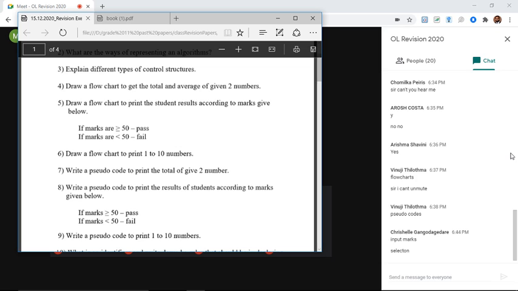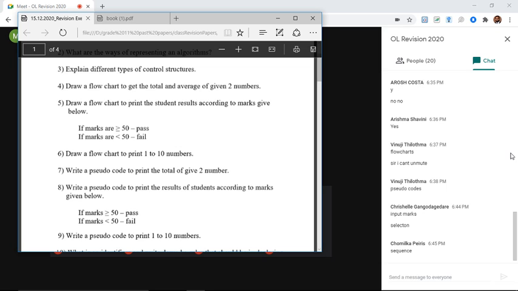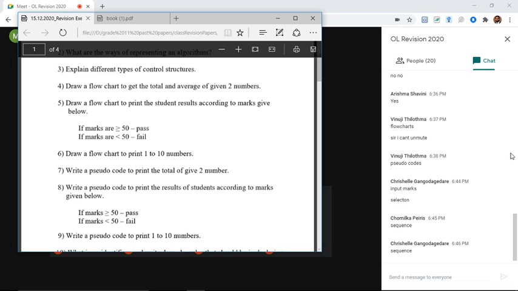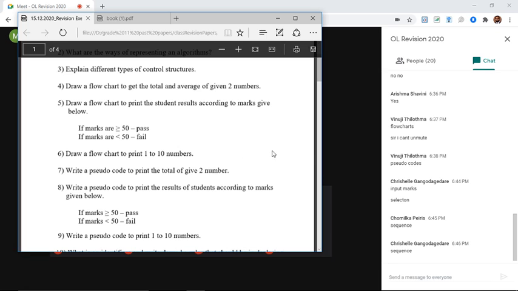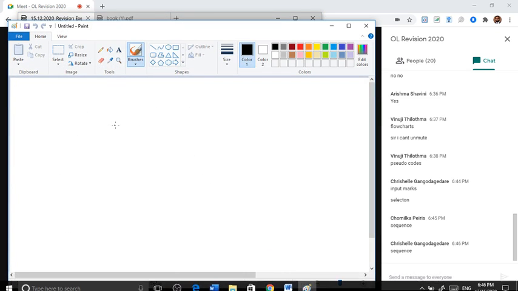It is not a selection. If it is a selection, there must be a condition. Yes, it's a sequence. Good. So how can you do this? What will be the output, Krishna?